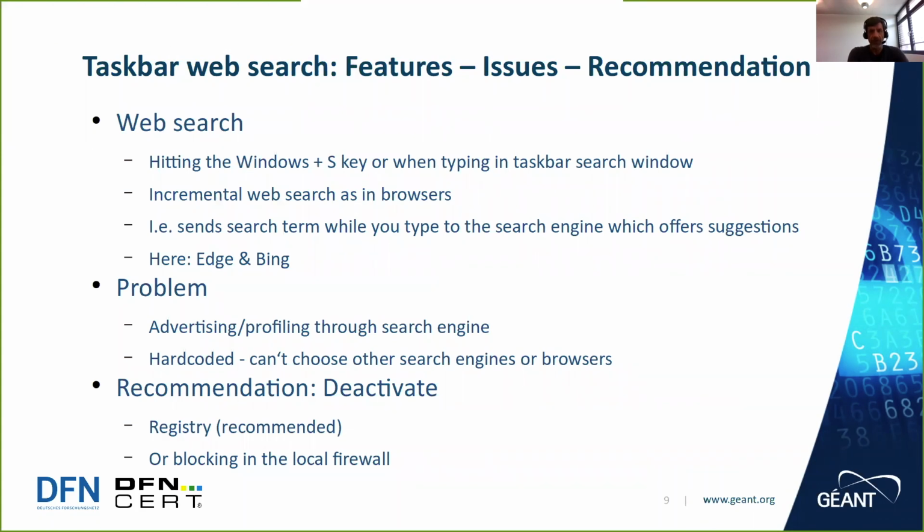So you start typing things into it and it gives you some completions, and you can also use the Windows and S keys to bring up these little windows. And the problem here is, again, it is an incremental web search. As you type, it already sends the search term to the search engine. In this case, it's the Bing search engine from Microsoft, and behind the scenes, the Microsoft Edge browser is working on it.